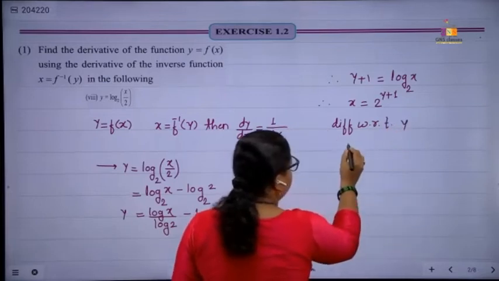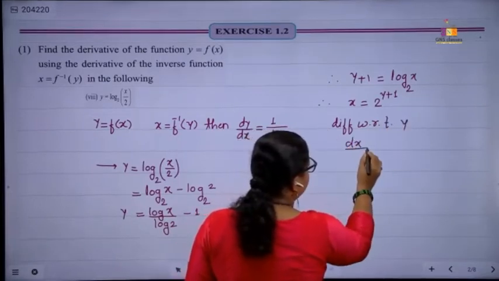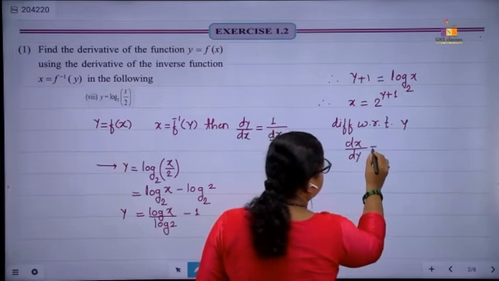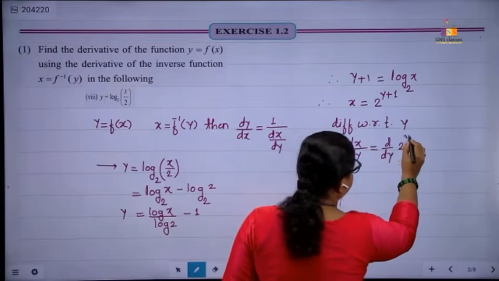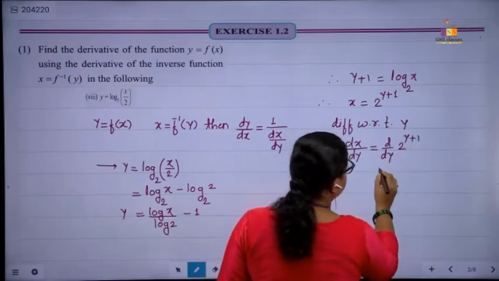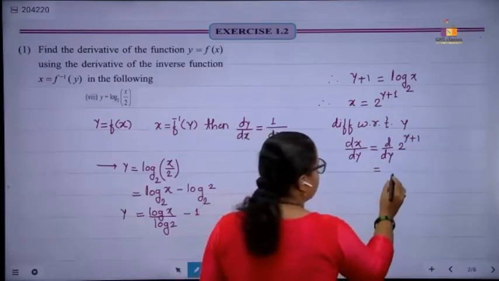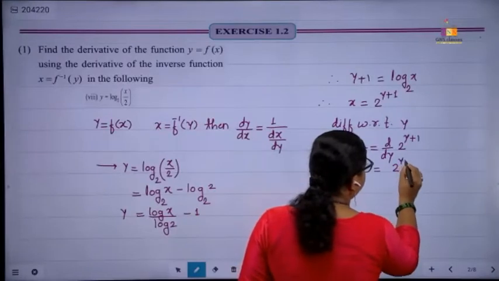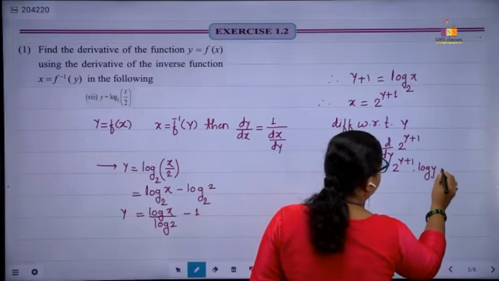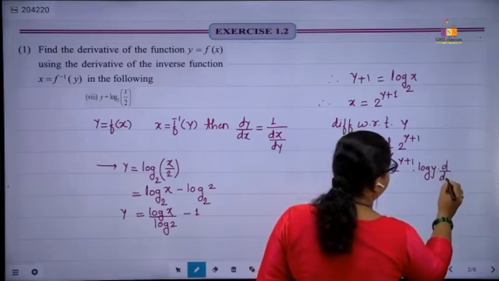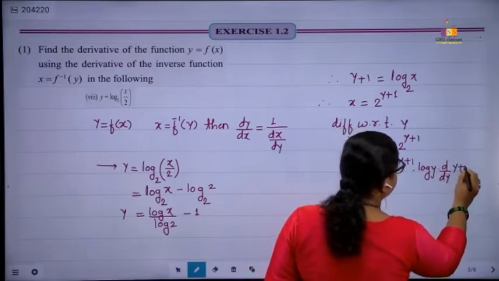with respect to y. dx upon dy is equal to d by dy of 2 raised to y plus 1, which is equal to 2 raised to y plus 1 into log 2 into d by dy of y plus 1.